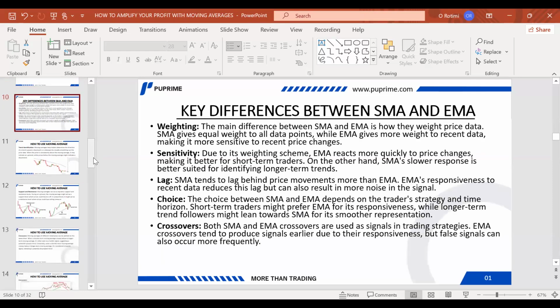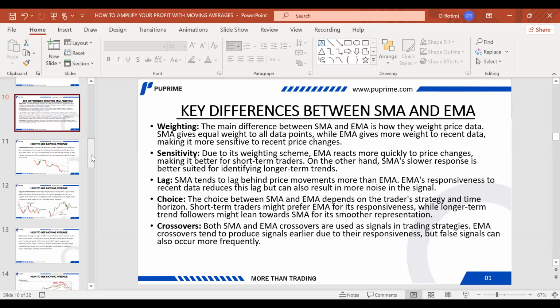So let's look at the differences between the simple moving average and the exponential moving average. Now we're going to be focusing on these two, even though we mentioned 4 earlier, because these are the 2 that are most commonly used. In terms of weighting, the main difference is how they weigh price data.